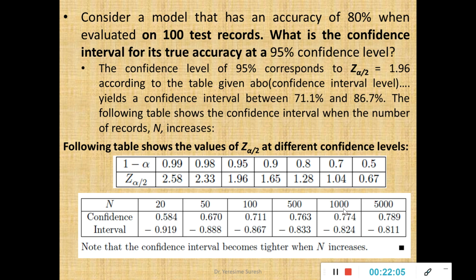If you go to 1000 records, the accuracy is varying only by 5%. If you move to 5000 records, the accuracy is varying by only 3%. So it's a simple indication: if the number of records is more, then only I can trust the accuracy of the given model, which is described by the confidence level 1 minus alpha and the confidence interval Z alpha.